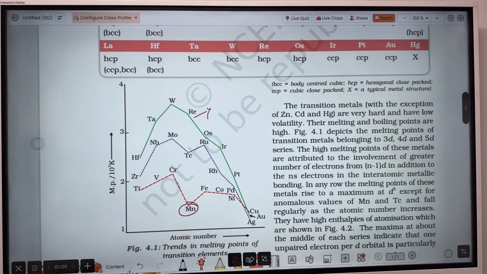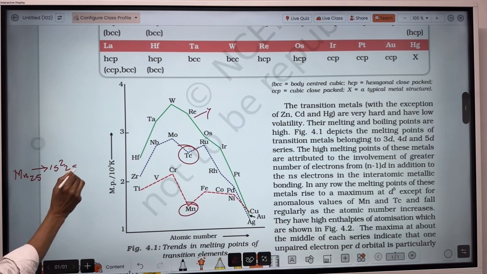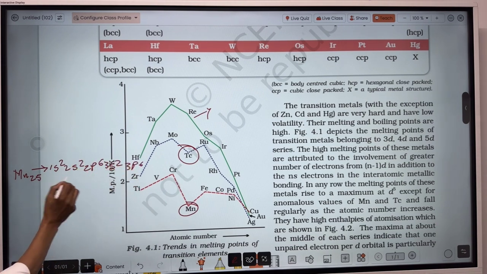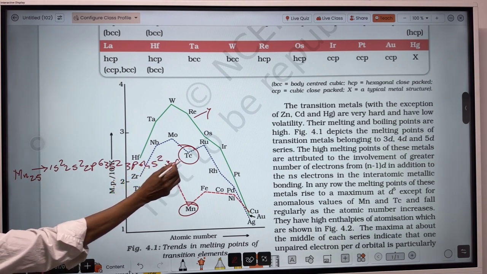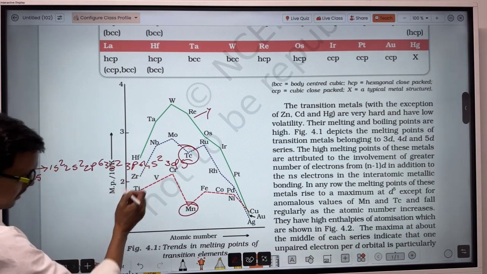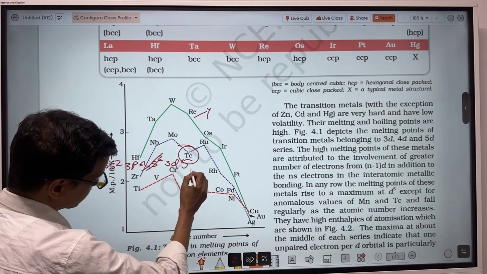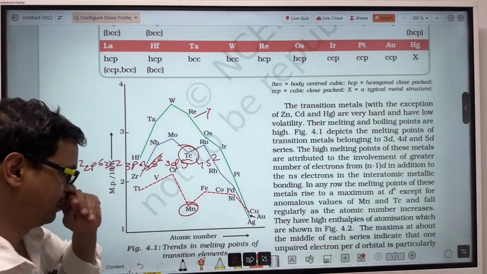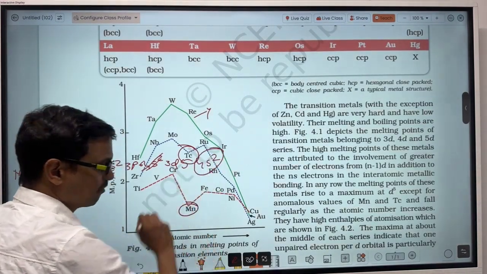That is based on the electronic configuration of manganese as well as technetium. Manganese has atomic number 25, so its electronic configuration is written with 3d in increasing order, and shell-wise 4s2 comes later. The 4s shell is the valence shell, so two electrons are released from 4s.